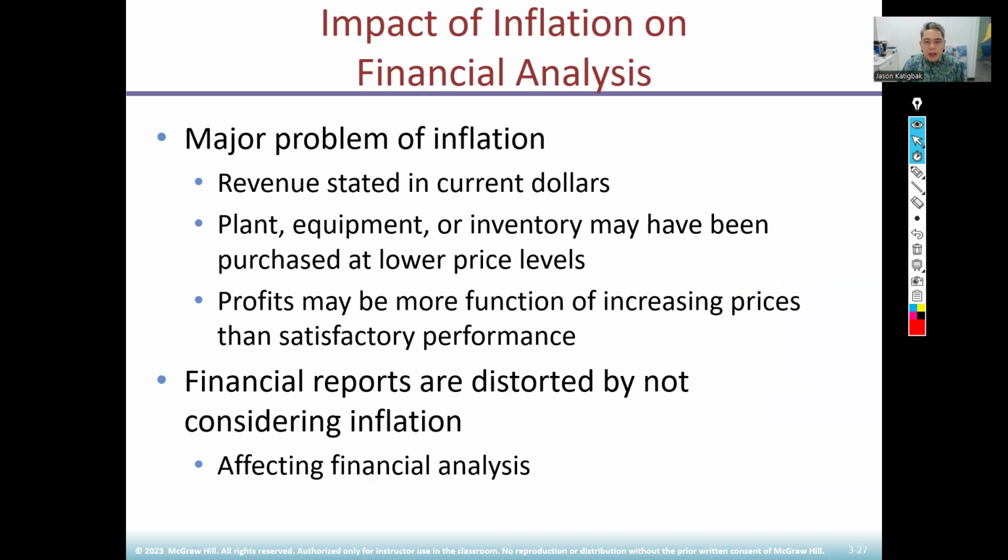Now, impact of inflation on financial analysis. Now, the challenge with inflation, okay, let's make sure that we have some context on inflation, right? Currently, right now in 2024, I think the federal government recently mentioned that the inflation is about 3%.